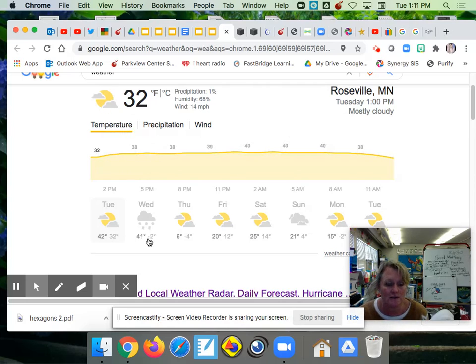If you look at Wednesday, it does say snow is predicted, but if it gets to 41 degrees, I don't think snow can stick around. And then look at that drop in temperature from Wednesday to Thursday. That is a big drop in temperature.